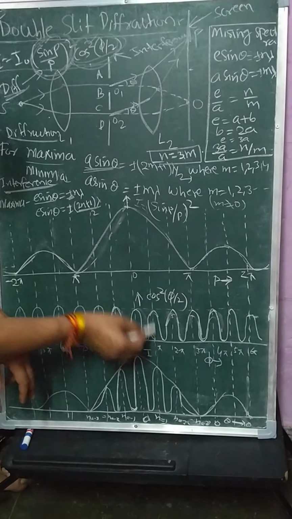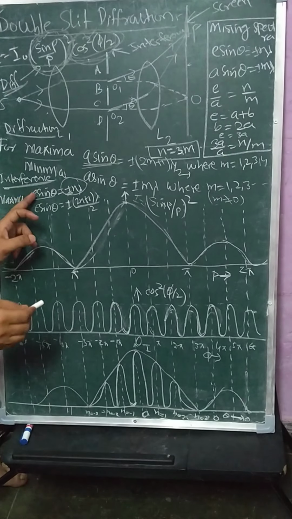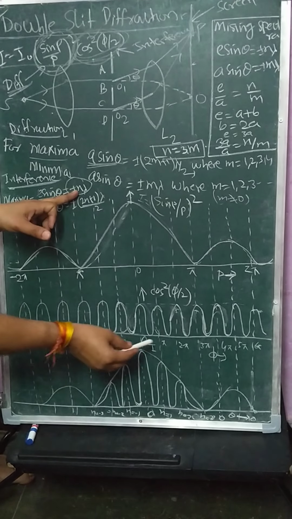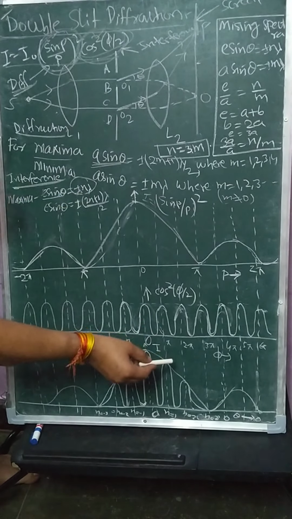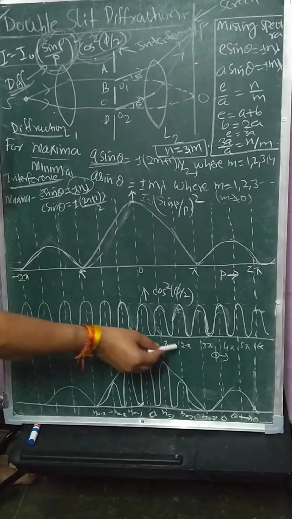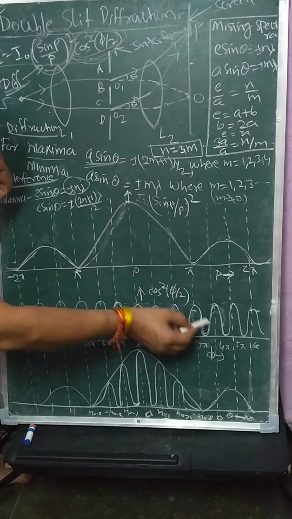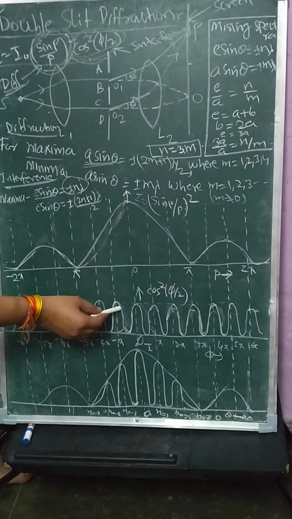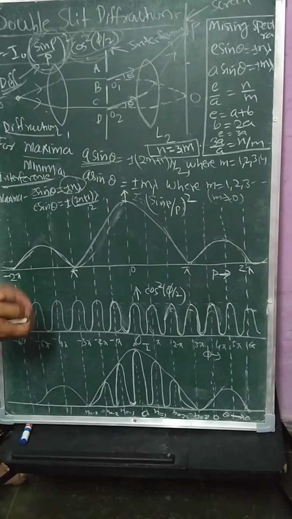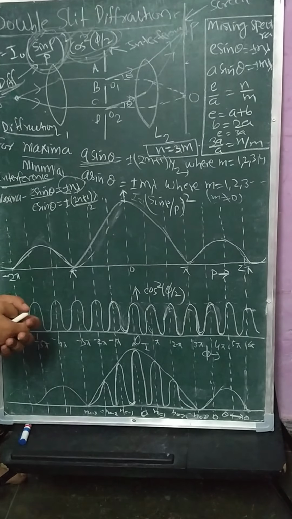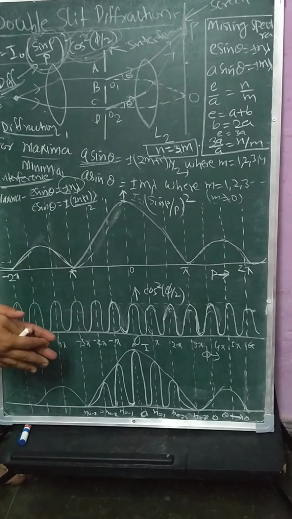So interference is according to n lambda as the condition of maxima. So pi, 2 pi, 3 pi is the condition of maxima. Similarly minus pi, minus 2 pi is the condition of maxima, and between these consecutive points is the minimum.